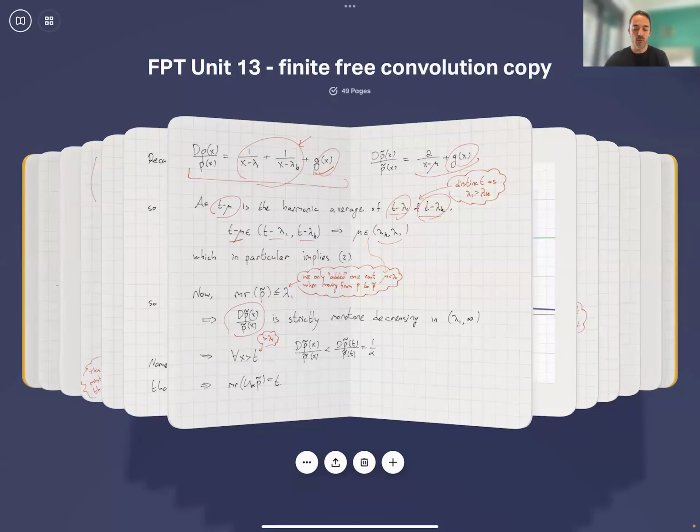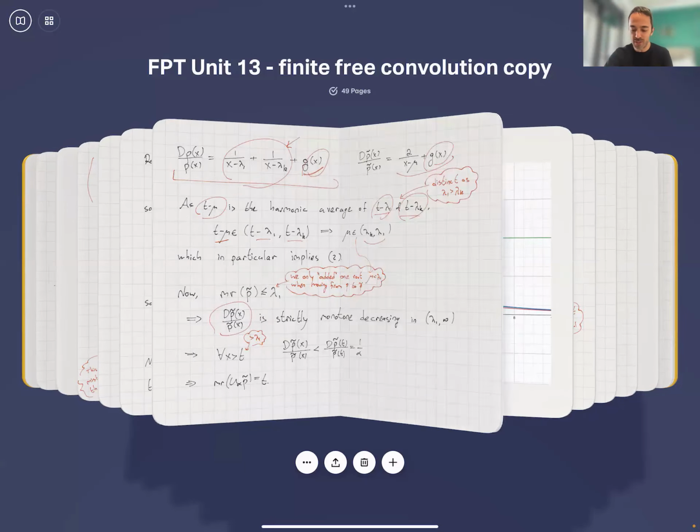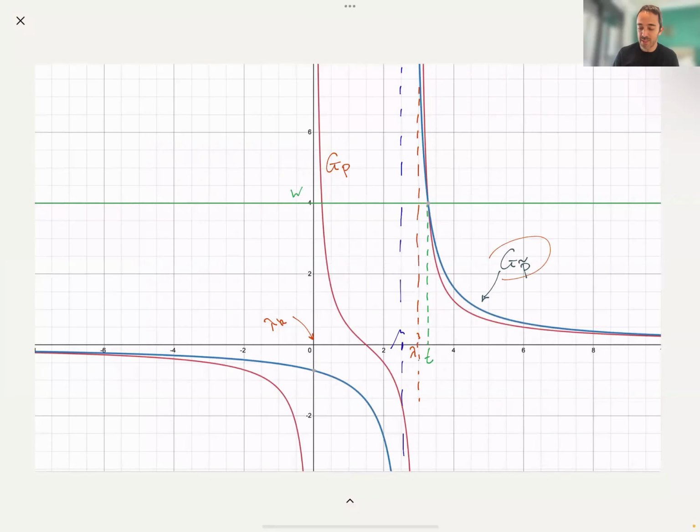We claim that the max root of p tilde is at most lambda 1. It could be mu or lambda 1, but it's at most lambda 1. And so the last pole of the corresponding Cauchy transform is at most lambda 1. And from that pole to the right, you're strictly decreasing. So that's the picture here.